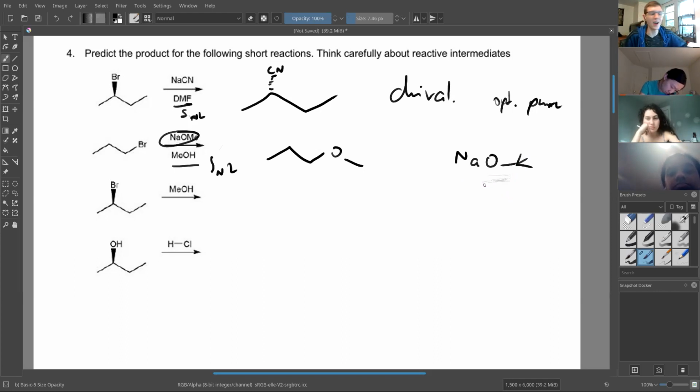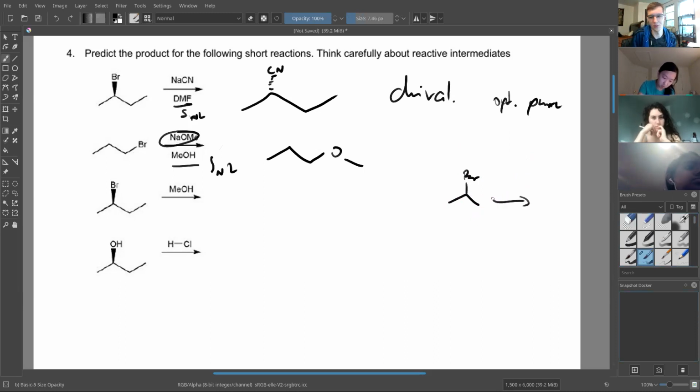I use the term messy all the time, and there are times where things do get messy. Here's a really ugly reaction, and if somebody gives this to you, they're evil. Like if you have a secondary substrate and you put it in, I don't know, what's one of our okay nucleophiles?